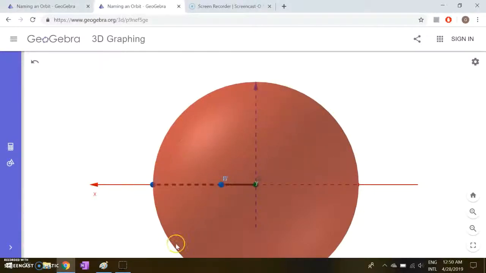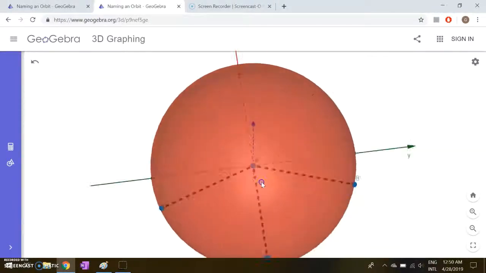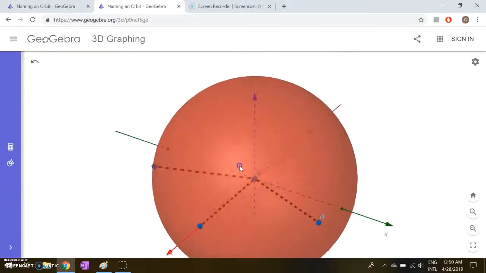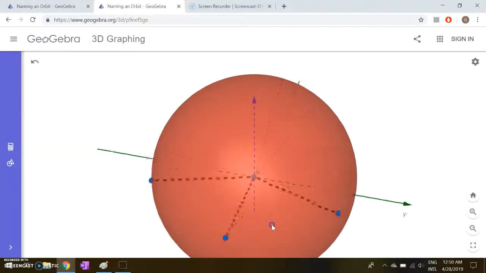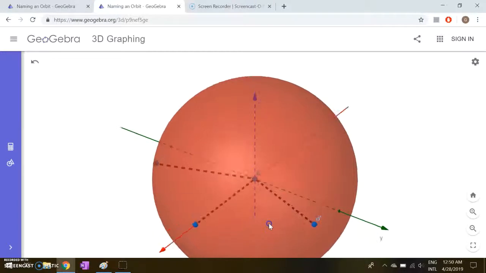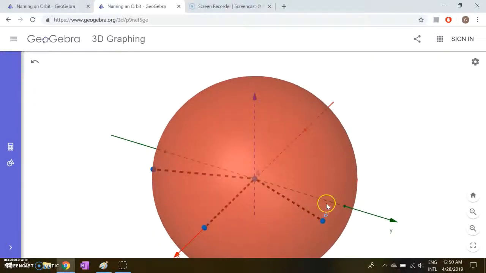So we could keep rotating, rotating, rotating. They're going to all be talking about the same point. So it kind of throws a wrench in our naming convention here. So we're going to take the 4 poles where this happens and consider them separately. So that's here where the y-axis hits the surface of the sphere in 2 points, and also the 2 points of the z-axis.